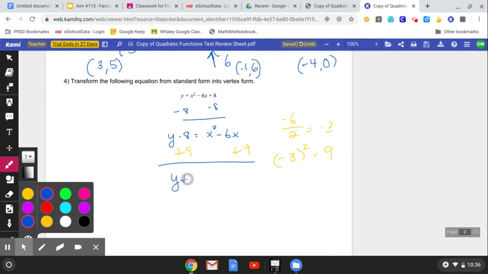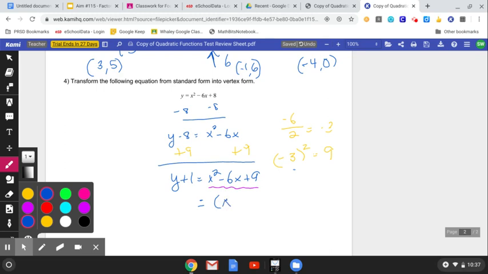So y plus 1 is what I have here, x squared minus 6x plus 9. Now we factor this, and it'll always factor into two factors that are exactly the same. If you remember from the video, it's always half the value of the b value that we got.